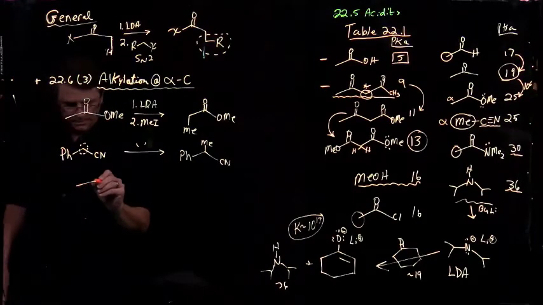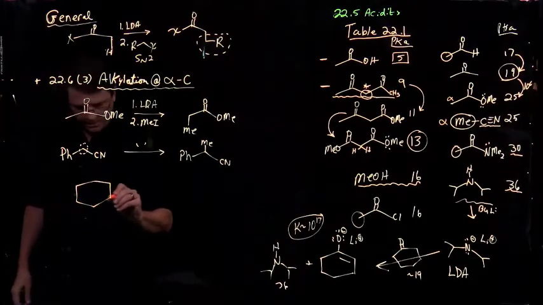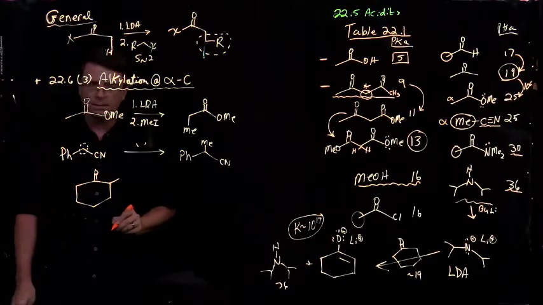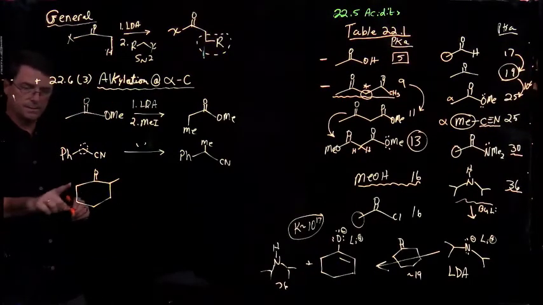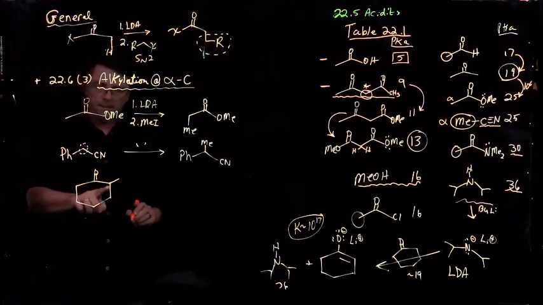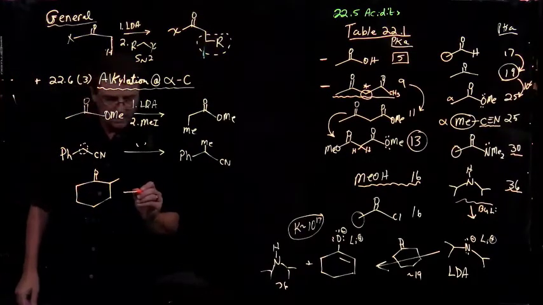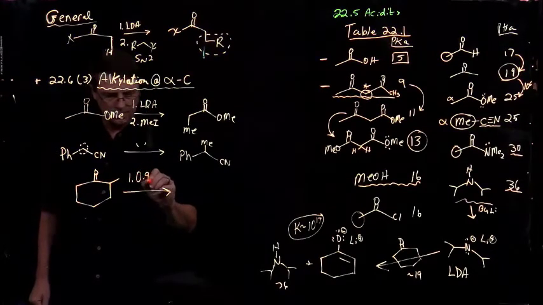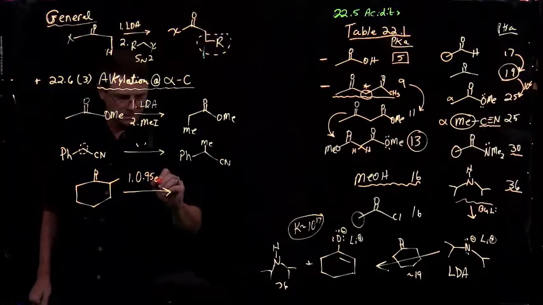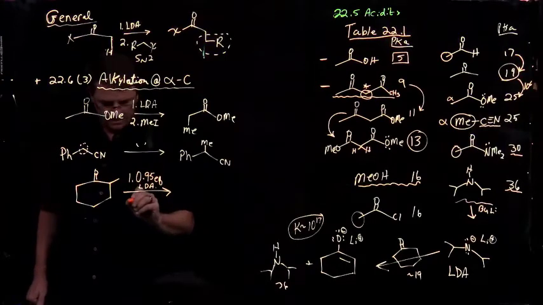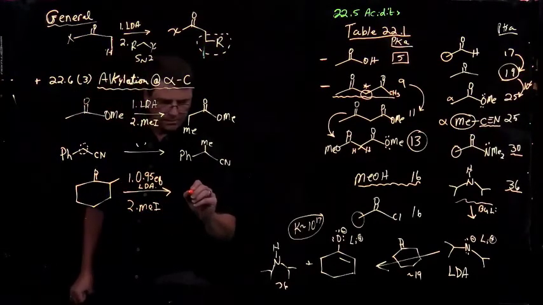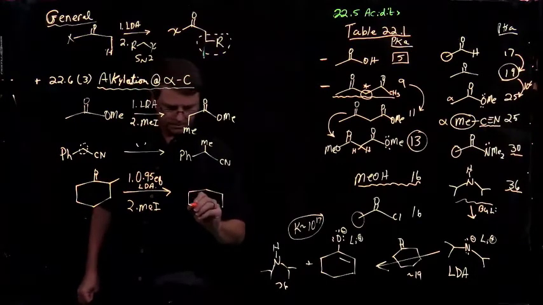And then finally, to illustrate some kinetic basicity, we can differentiate these two different kinds of hydrogen. So there's a CH2 here and a CH group here. In LDA, we'll do it under kinetic conditions, 0.95 equivalents of LDA. Then we'll follow that with methyl iodide. And there are two potential products.